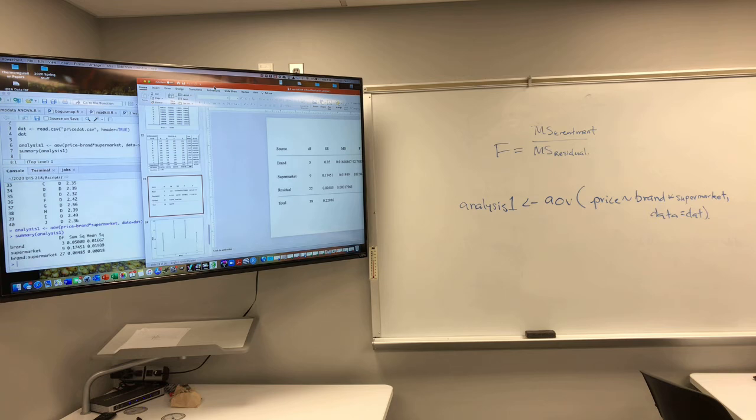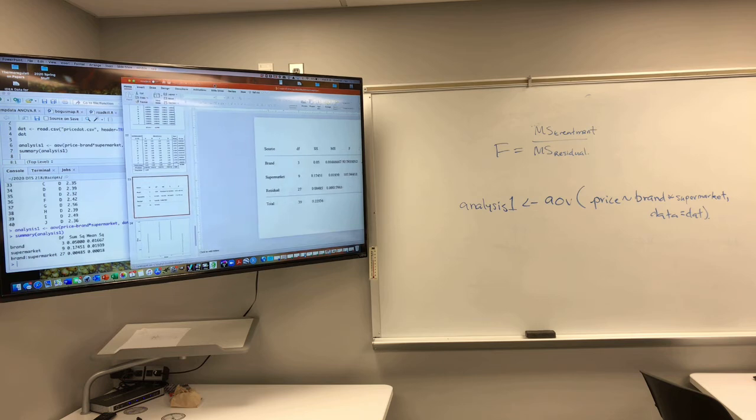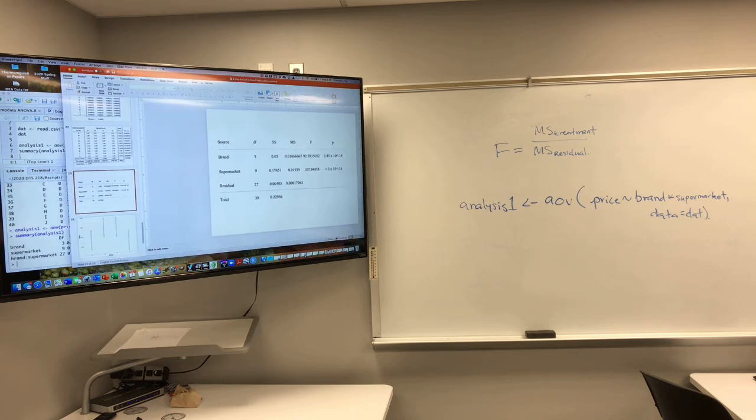Because it's lacking a residual term, it's not going to calculate an F statistic to test the row effect and to test the column effect, because you've taken all of the residual variation and you've stuck it in this interaction term. So you asked for an interaction term, and this is R's way of saying you can't have an interaction term.